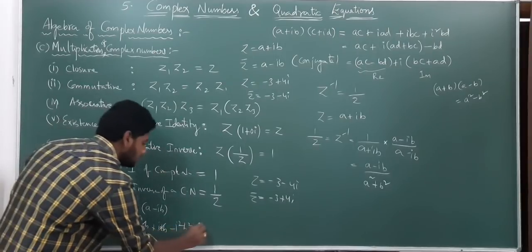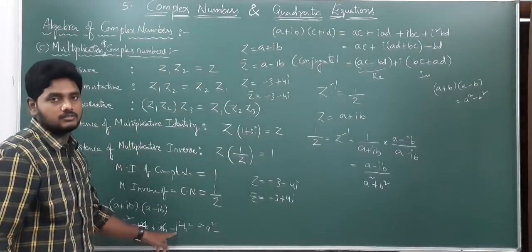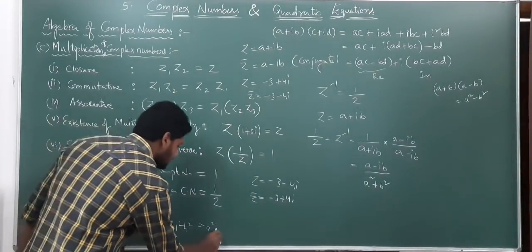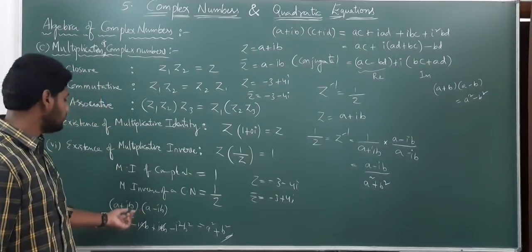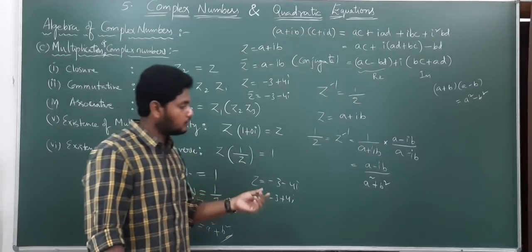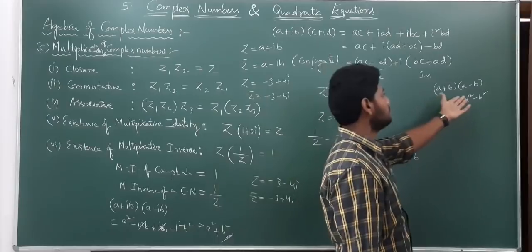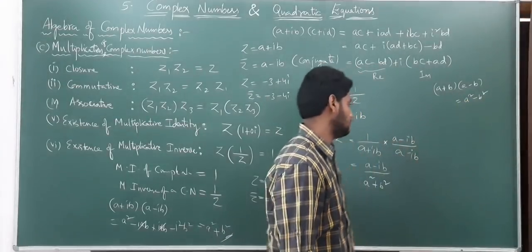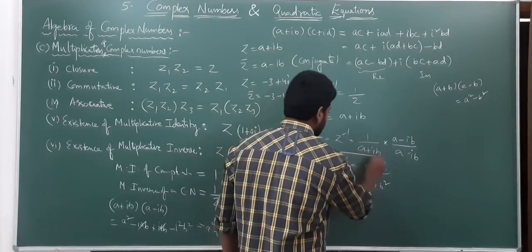These two will be cancelled, which is equal to a square minus i square b square. You know i square is minus 1, so minus into minus will again become plus b square. So whenever we multiply like this, a plus ib into a minus ib, we have to write a square plus b square in complex numbers. If it is the general form a plus b into a minus b, that is a square minus b square. So this is z inverse.